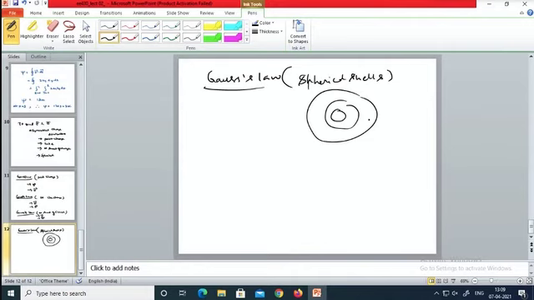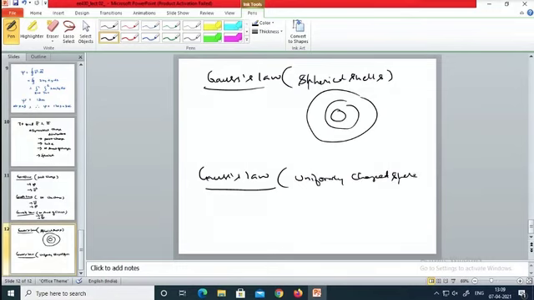And lastly, you have to apply or verify Gauss law for a uniformly charged sphere. Okay, uniformly charged sphere.